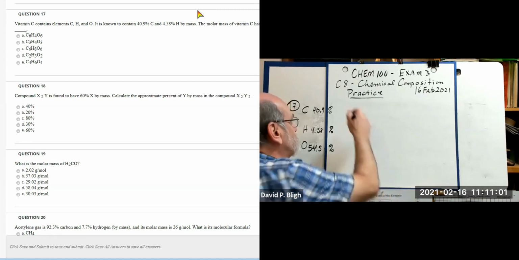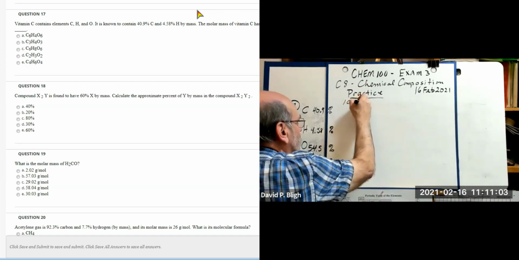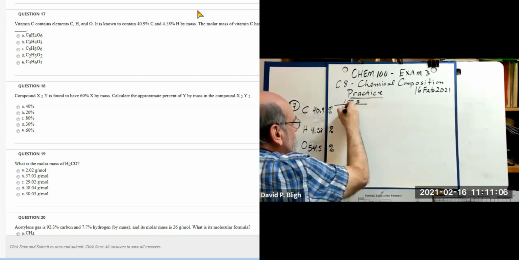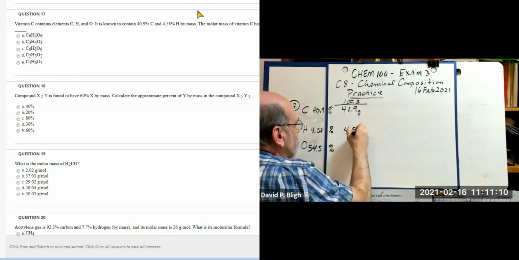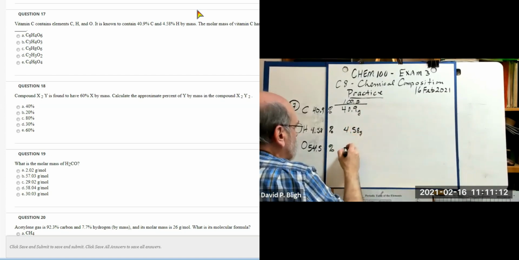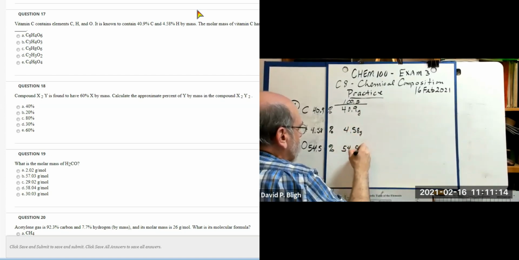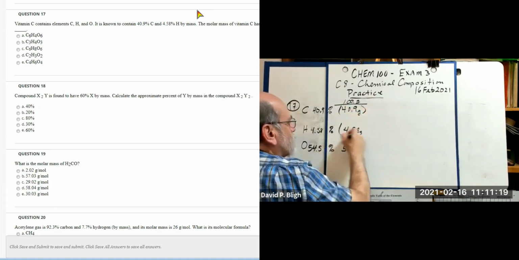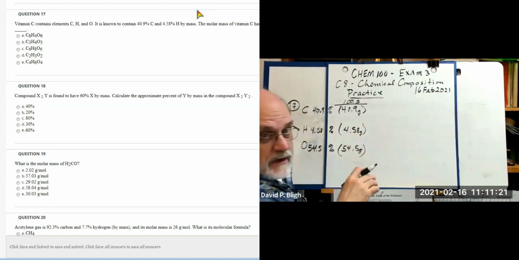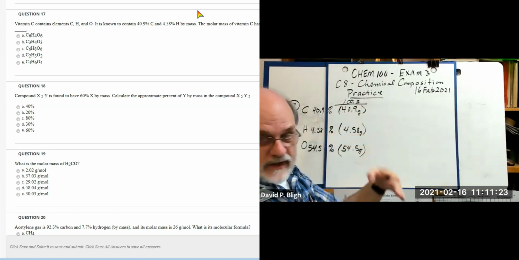If we do that, then this becomes 40.9 grams of carbon, 4.58 grams of hydrogen, 54.5 grams of oxygen. Then we want to convert to moles so we can get the molar ratio of the elements in the compound.